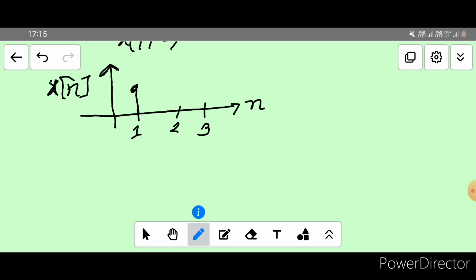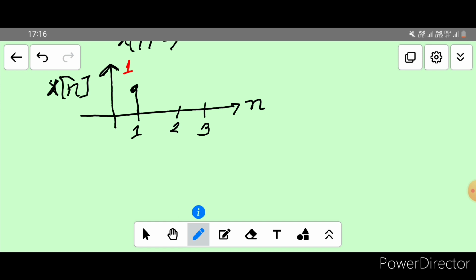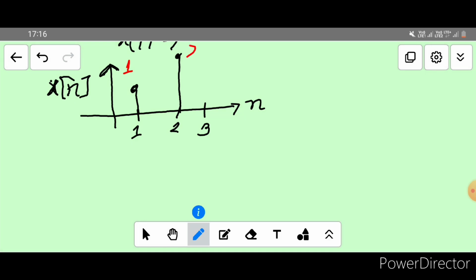At n equal to 1, xn is 1, at n equal to 2, xn is 2, and at n equal to 3, xn is 1 again. So this is our xn.